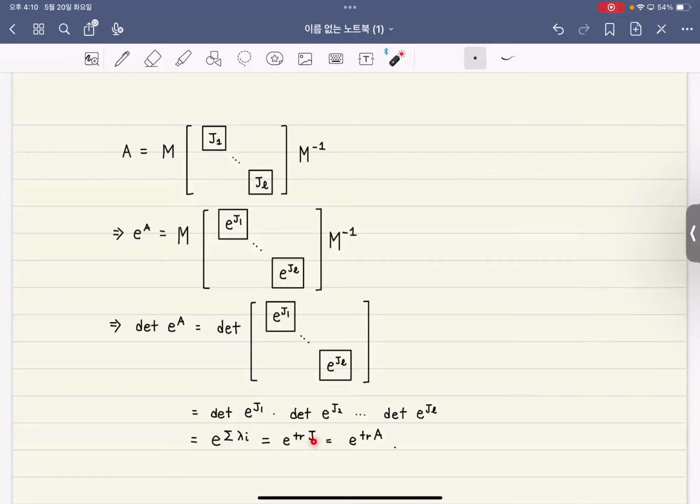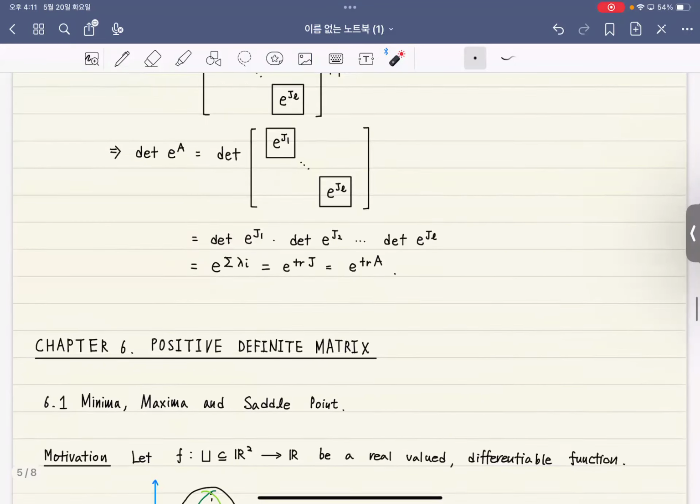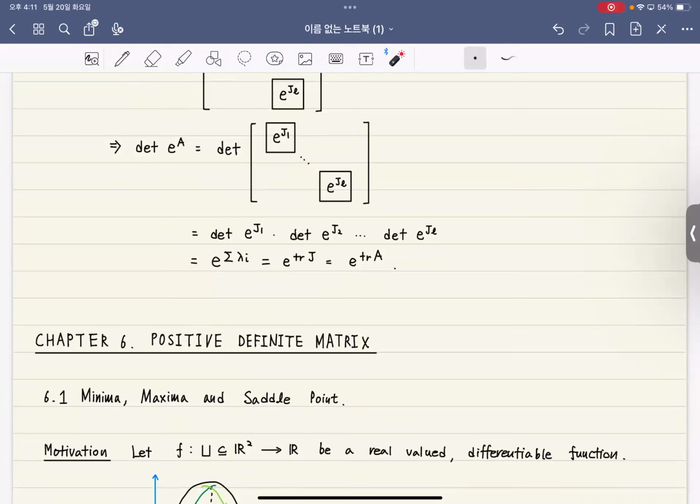Therefore, the trace of J is the same as the trace of A. Okay, so the determinant of e^A is the exponential of the trace of A. So this very nice and beautiful identity again holds for non-diagonalizable matrices. So the determinant and the exponential commute like this, and the determinant becomes the trace. Great. So this is how you prove such a nice identity, such a nice theorem.